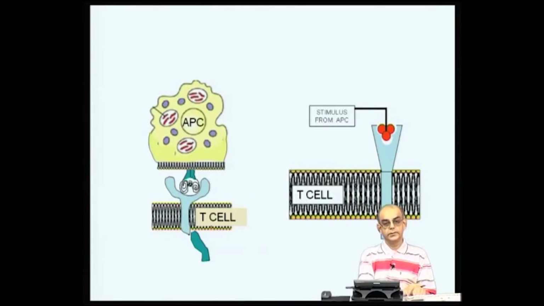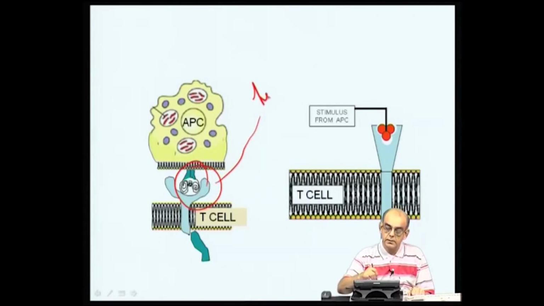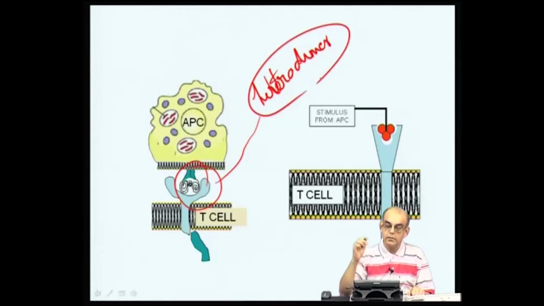So, what we are going to do in the following classes is to try and identify and learn more about this heterodimer. What is the nature of this heterodimer? How was this heterodimer discovered?